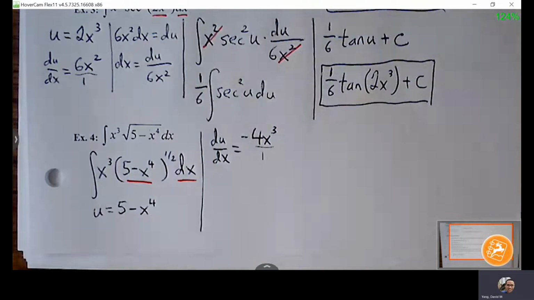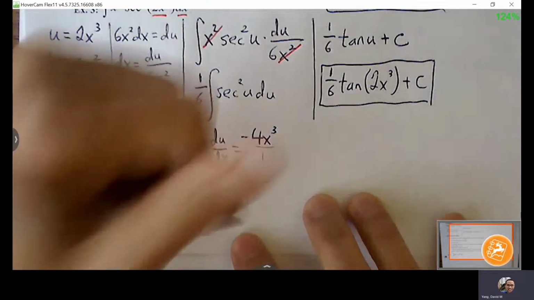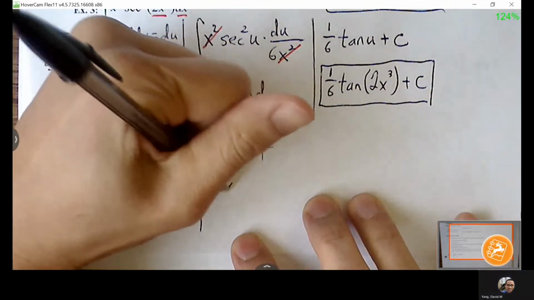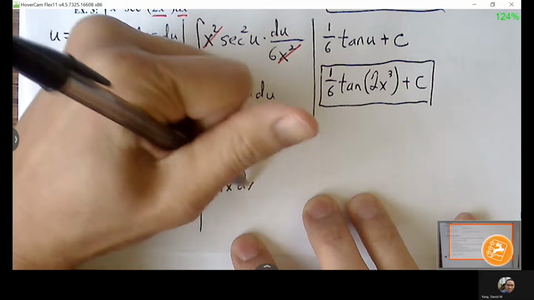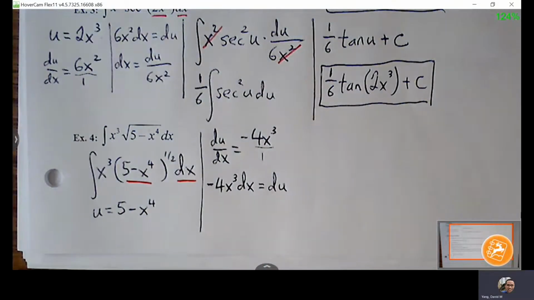If you want to put over 1, you can. Cross multiply. We're going to work towards trying to get that dx by itself. Okay, solve for dx.